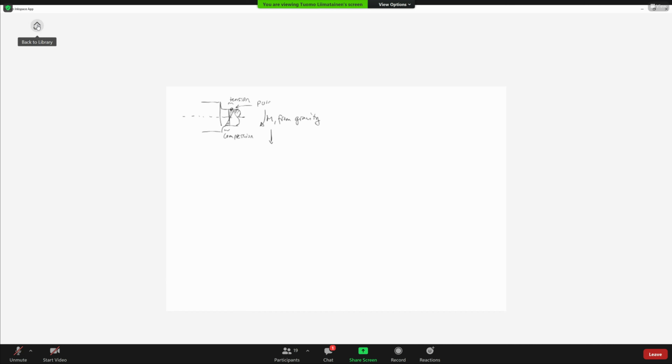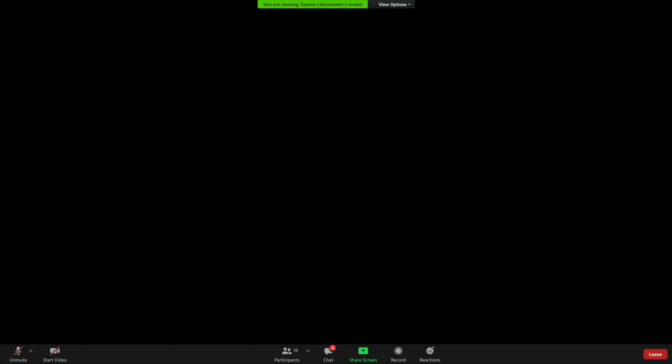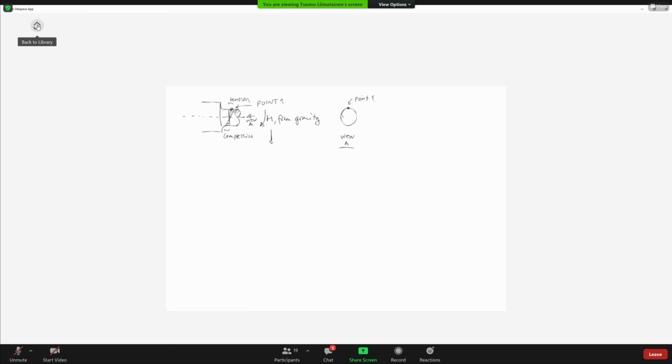Right. And now the gravity is always acting downwards, and consider that we have here point 1. And now we look at the shaft from here, and we see that point number 1 is here. But now when the shaft rotates, eventually the point will end up here.